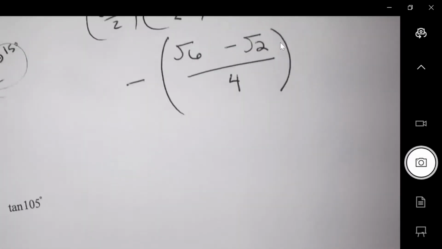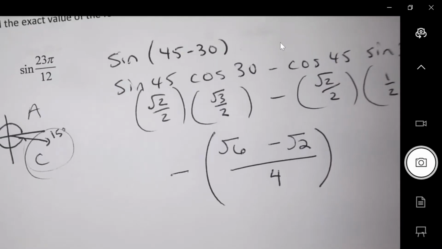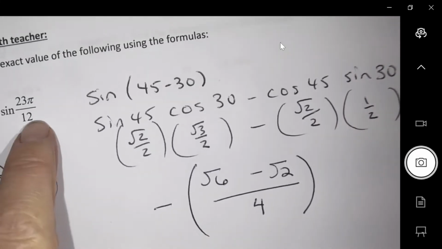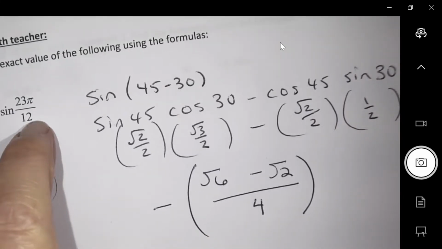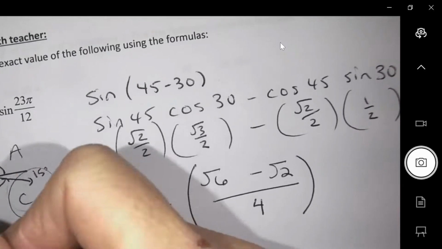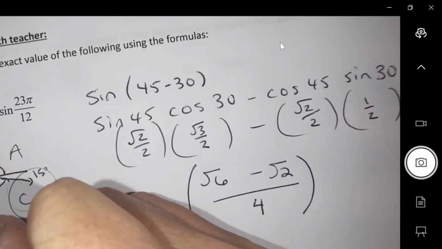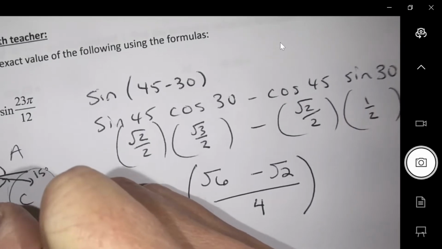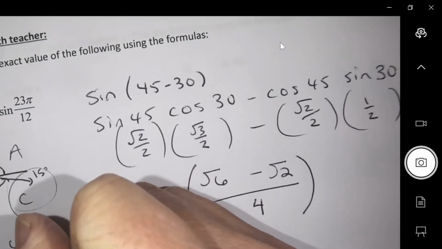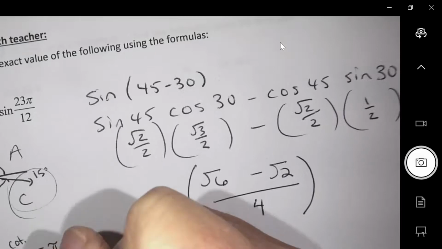Okay, another question I just might ask you with this 15 degree, 75 degree is, could you find me a coterminal angle to that? Anybody know a number that would be coterminal to this? Negative pi over 12 is coterminal.